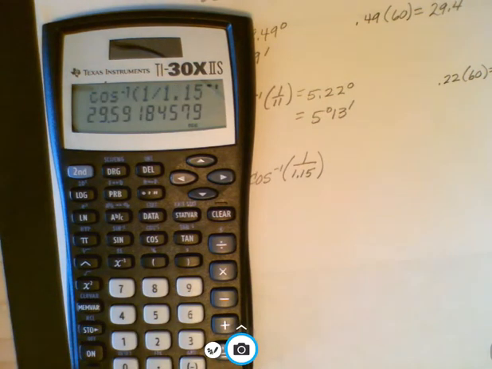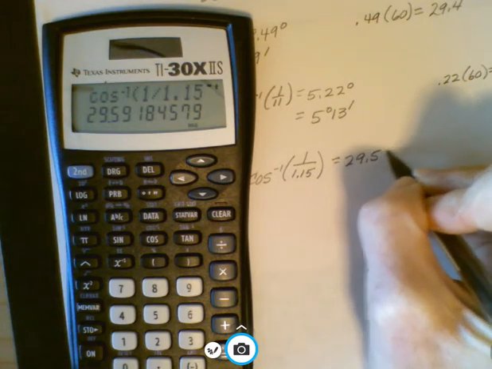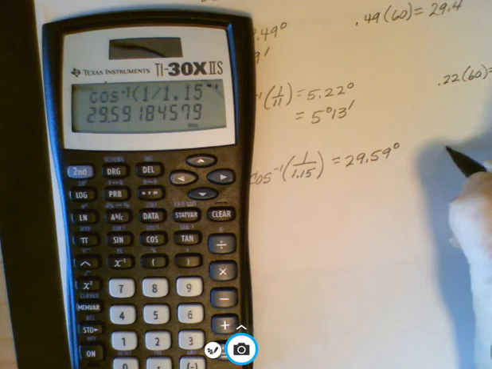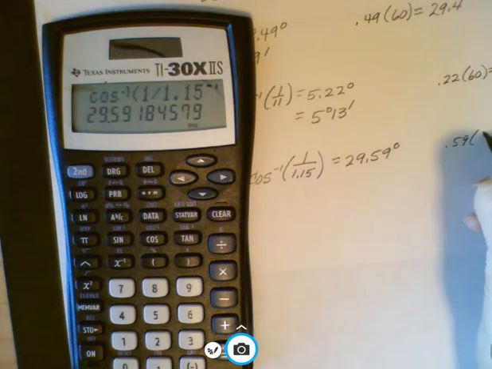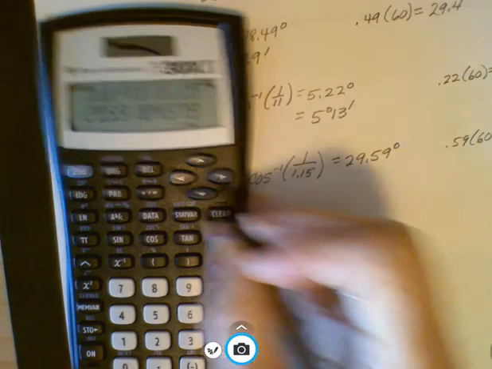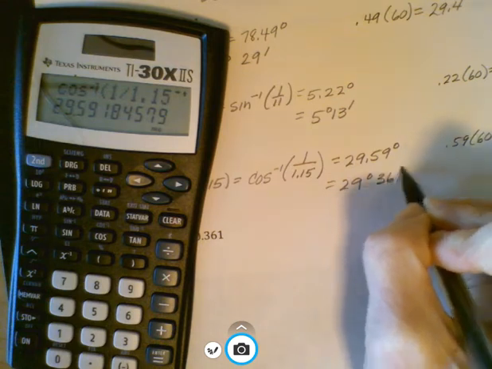Enter. 29.59 to the nearest hundredth of a degree, and 0.59 times 60 comes out to 35.5 or 36, so 29 degrees, 36 minutes.